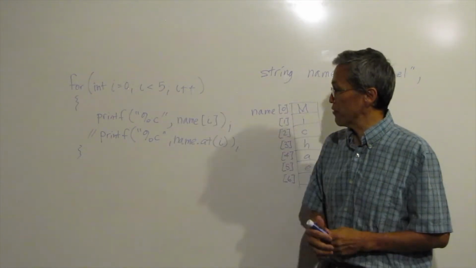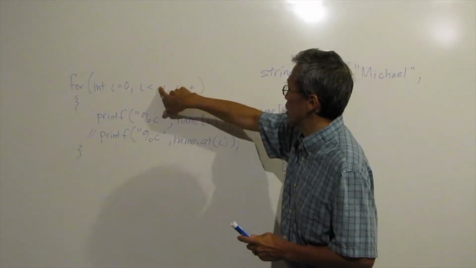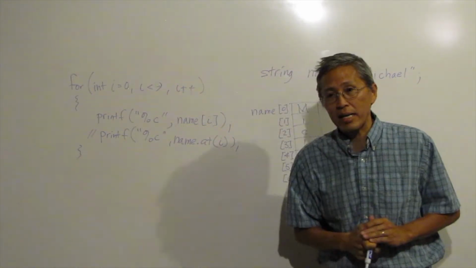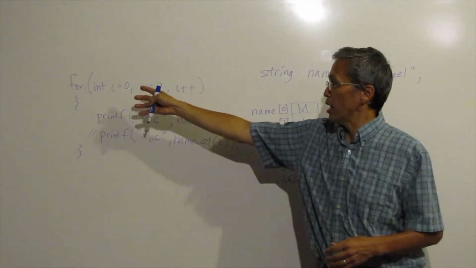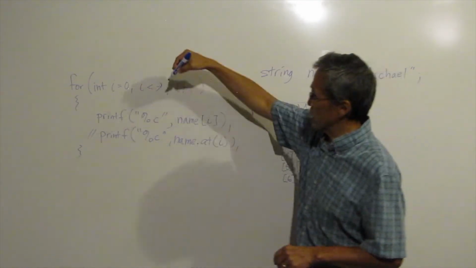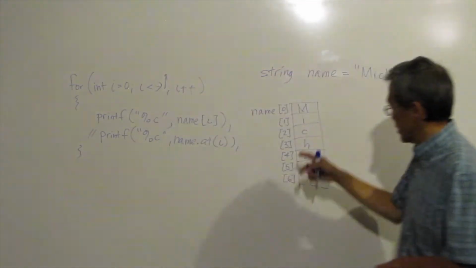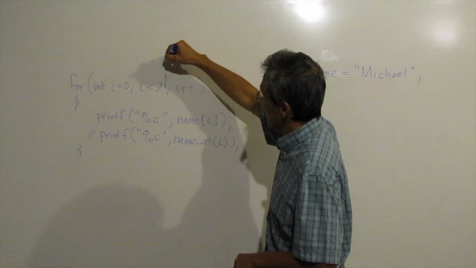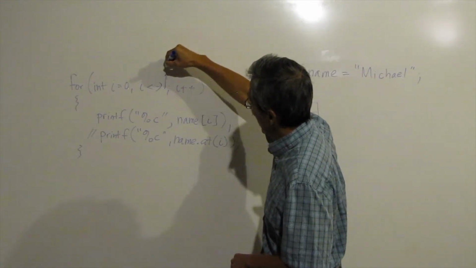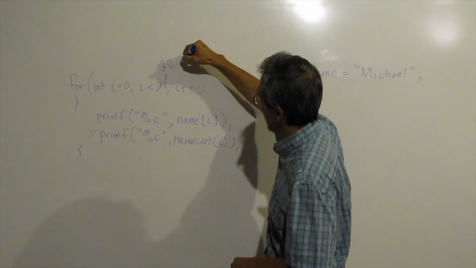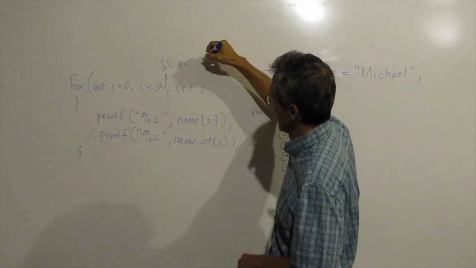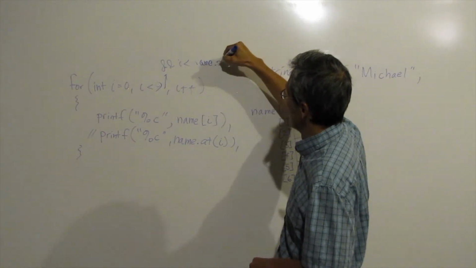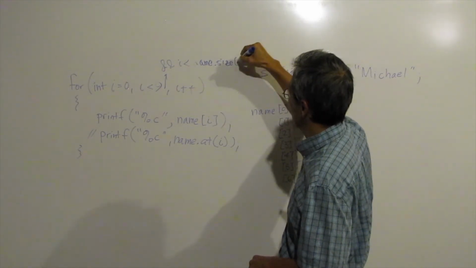Now what if maybe I want to print out the first 9 characters, because we always want to print out the first 9 characters of our name. My name doesn't have 9 characters in it. So what I could do is add an and, I is less than name dot size.